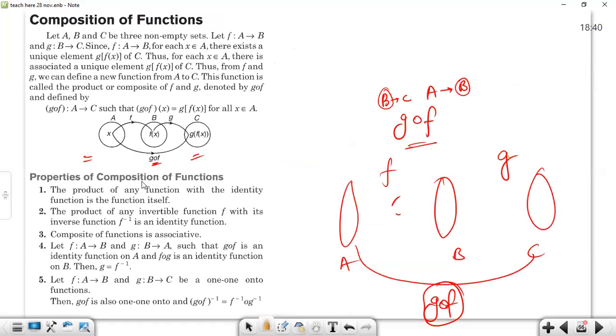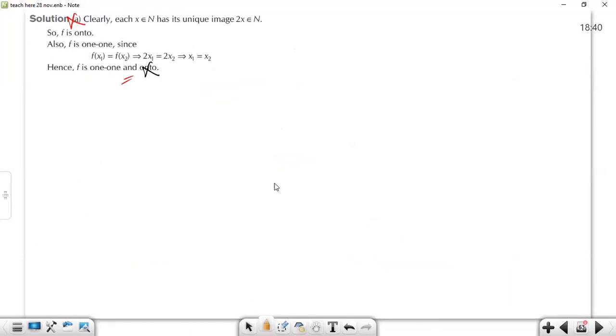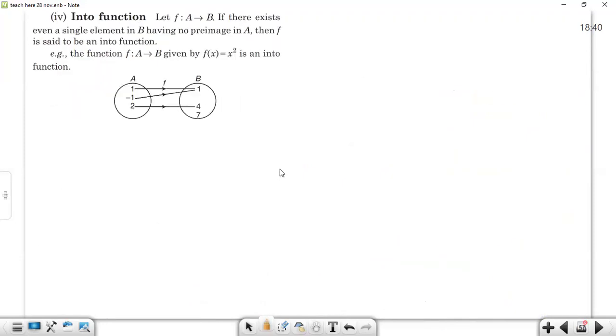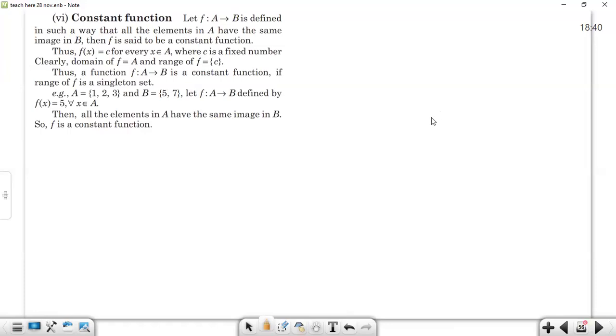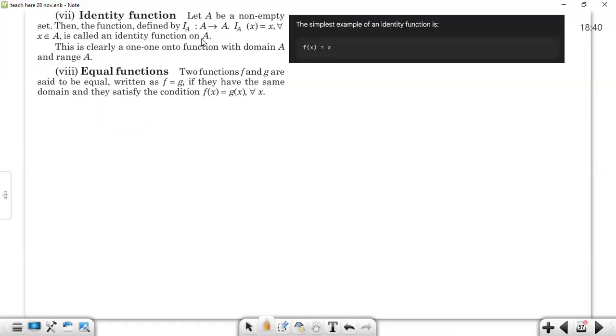So let's continue the discussion of the product of any function with the identity function itself is the function itself. What is the identity function? Let A be a non-empty set. Basically, when the output of the function is the same as the input, simple.